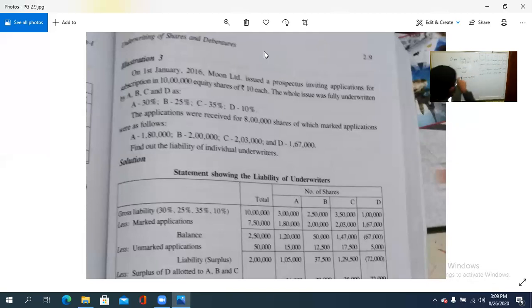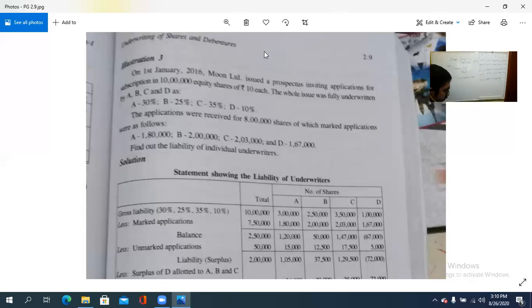So less unmarked application, we will get 2 lakh for this. Then 1,20,000 minus 15,000 is 1,05,000. Then 50,000 minus 12,500 is 37,500. Then 1,47,000 minus 17,500 is 1,29,500.